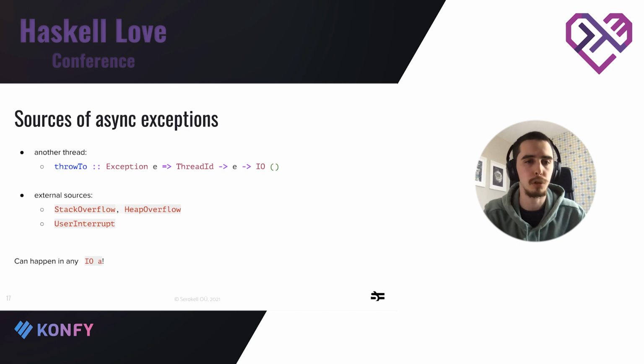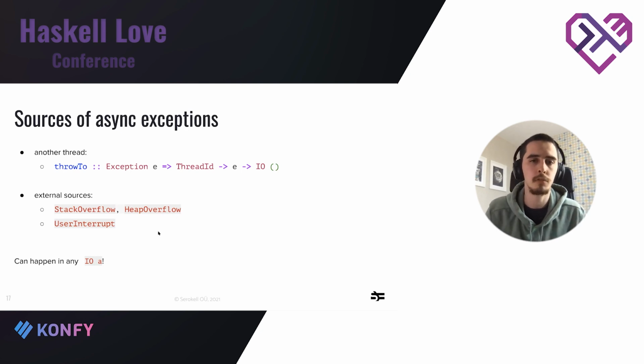The primary source of asynchronous exceptions is the throwTo function, which has a type similar to throw IO, but it takes an additional argument of type thread ID, and it throws an exception to a thread with this ID. Another possible source of asynchronous exception is the runtime system itself. It may throw, for example, stack overflow, heap overflow, and user interrupt exceptions.